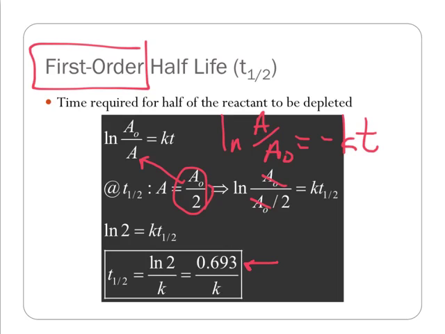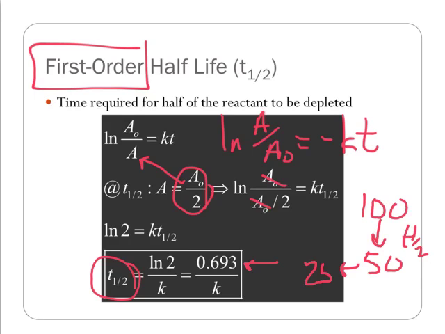Notice the emphasis on constant. So half-life is a constant value. So to go from 100% of reagent to 50% of reagent is a half-life. To go from 50% of reagent to 25% of reagent is another identical half-life, so on and so forth. So each halving of the reaction takes the same amount of time.